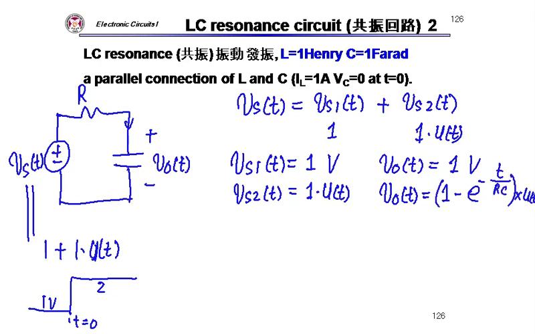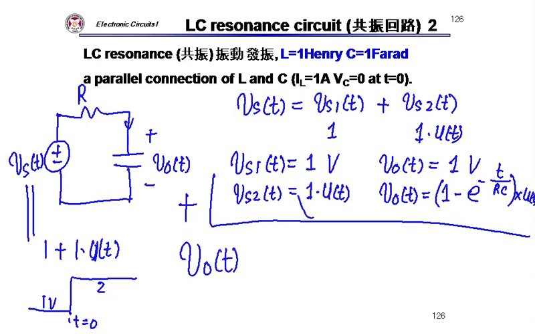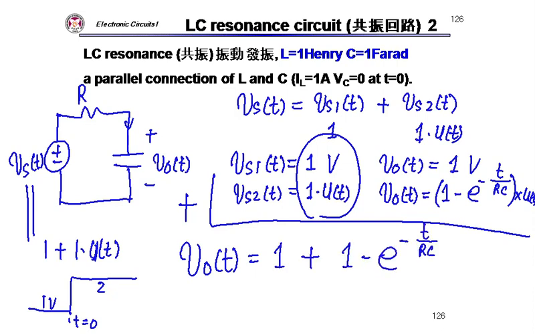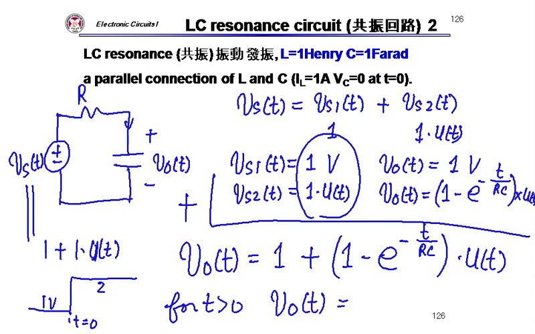You can find it. Because this is a linear circuit, my vo(t) for the combination of those two should be 1 plus 1 minus exponential minus t over RC, u(t). This makes sense, right? So for t positive, my vo(t) should be just 2 minus exponential minus t over RC. We got the same answer by linear superposition.